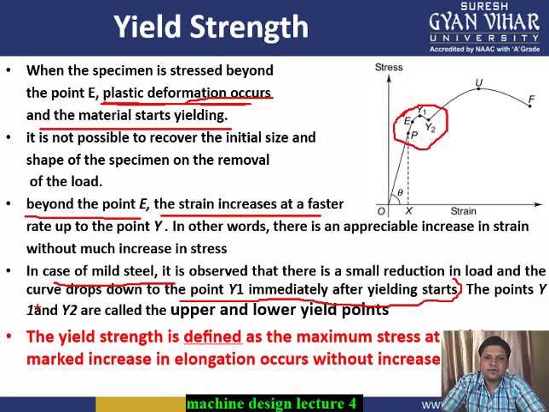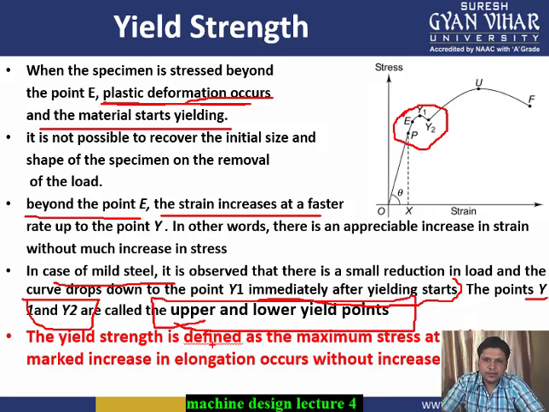The points Y1 and Y2 are known as upper and lower yield points. The yield strength is defined as the maximum stress at which a marked increase in elongation occurs without any increase in load.